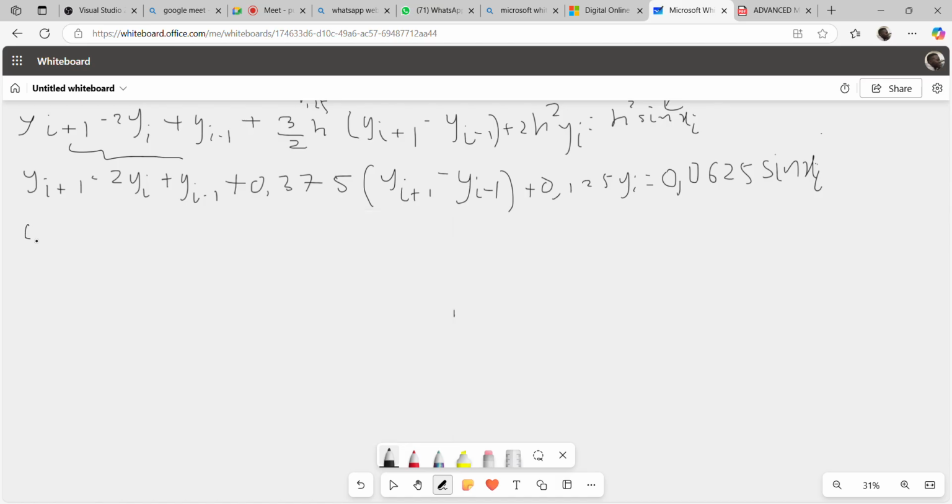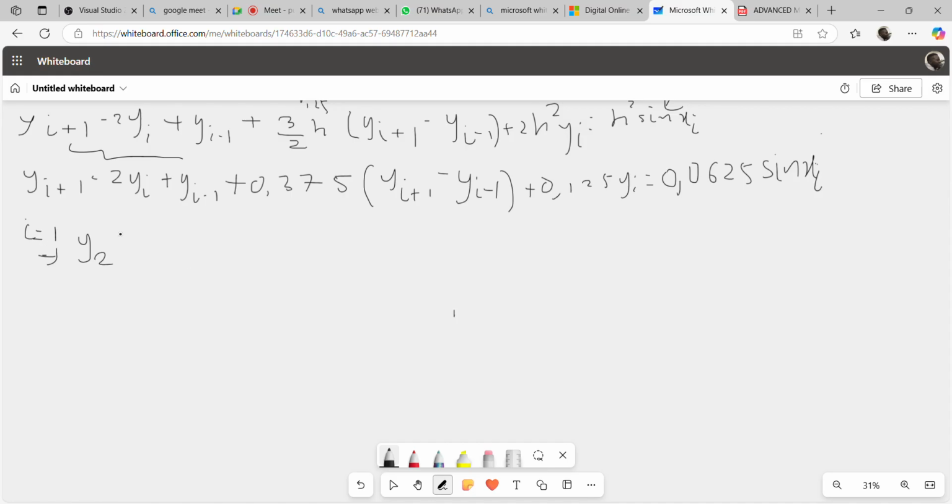If I move to i equal 1, what is happening to my expression? Wherever there is i, I will substitute it with 1. Do you agree? Why i plus 1? When I substitute i by 1, this expression on its own is giving me y2. I'm only substituting wherever there is i by 1.